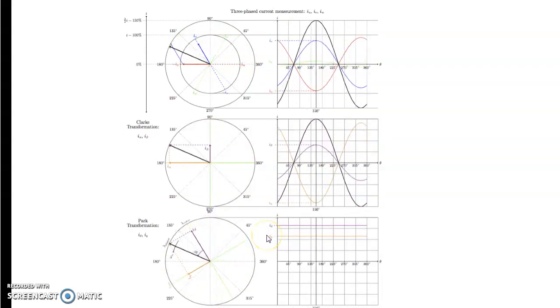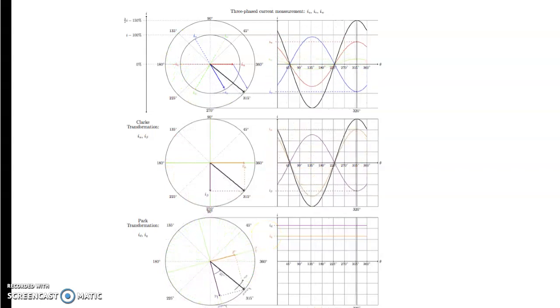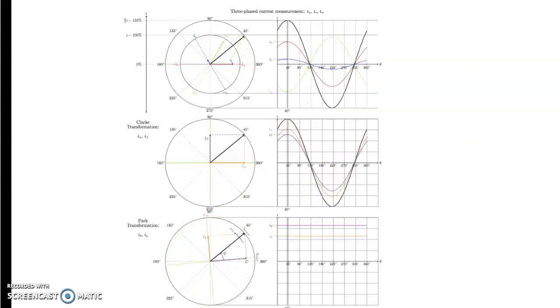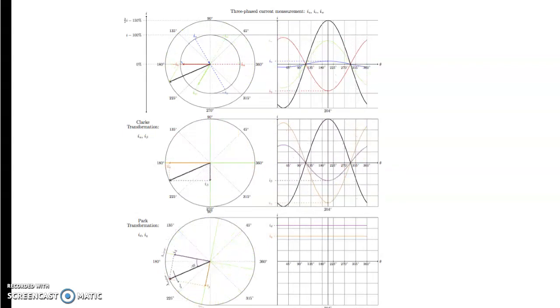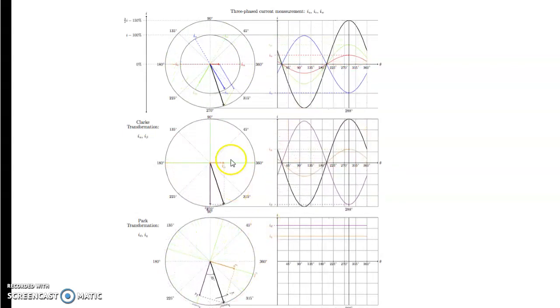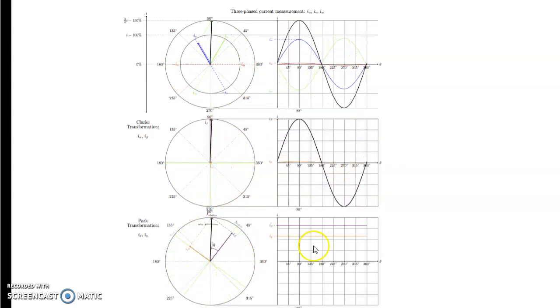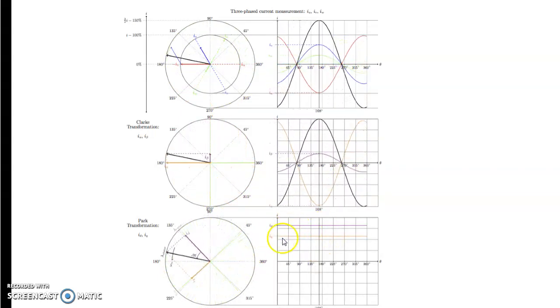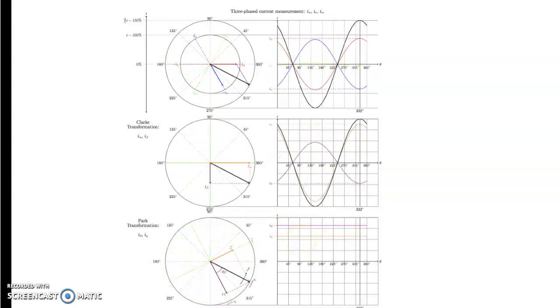Just understand that in order to get separate, independent control over the torque and flux, we transform the ABC quantity into DQ through alpha beta. That is ABC to alpha beta and alpha beta to DQ, and you will get two currents, ID and IQ. ID is the flux producing component and IQ is the torque producing component.